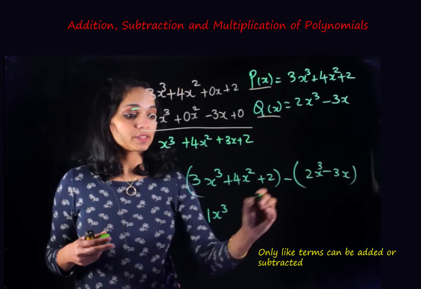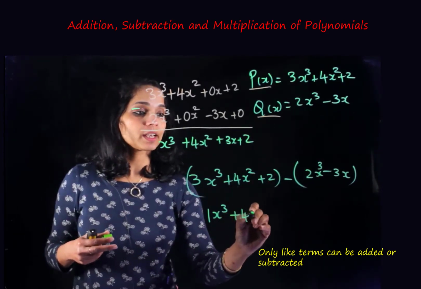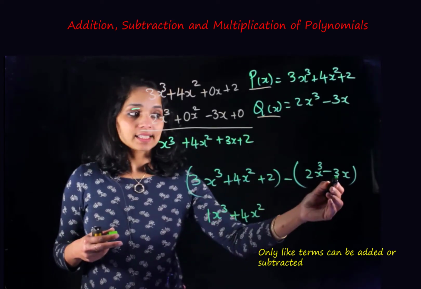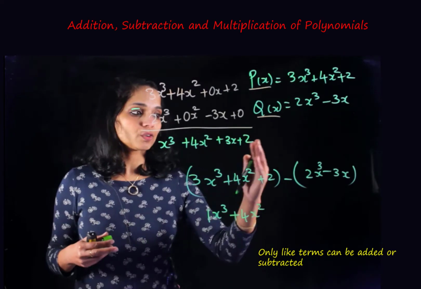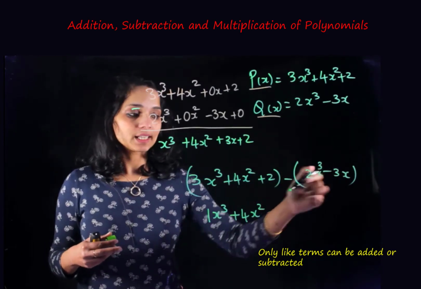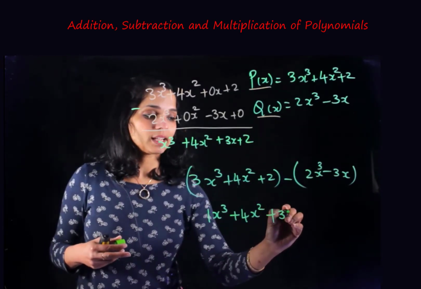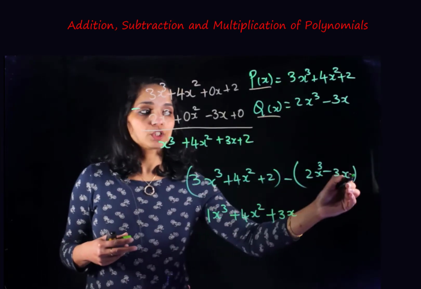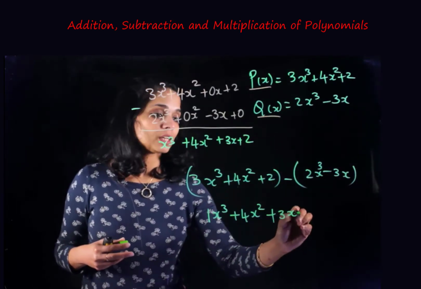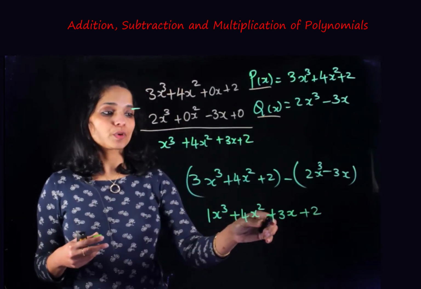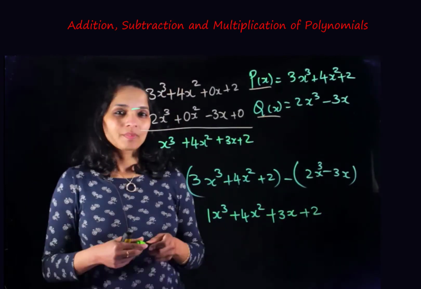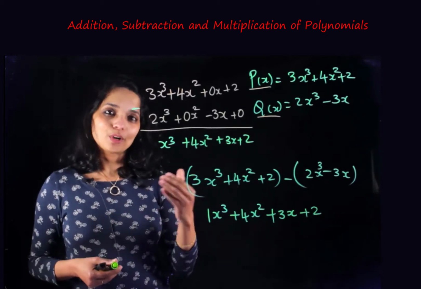So 4 minus 0 is 4x squared. Then there's an x term, so we need to consider 0 here. So 0 minus minus 3 is plus 3x. For 2, there's no corresponding term, treat it as 0, so 2 minus 0 is 2. So x cubed plus 4x squared plus 3x plus 2. It will get easier when you do more and more examples.